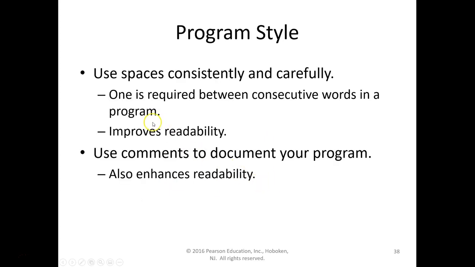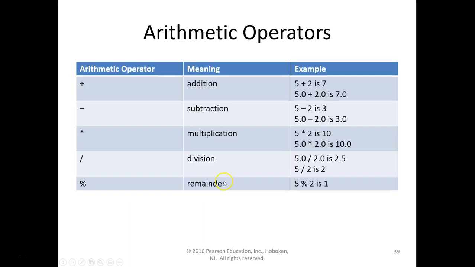And then use spaces carefully, okay, so that your program is nicely designed. So it improves readability. One space is required between consecutive words in a program, okay. And then also it's always good to use comments in your code, okay. It kind of enhances readability.